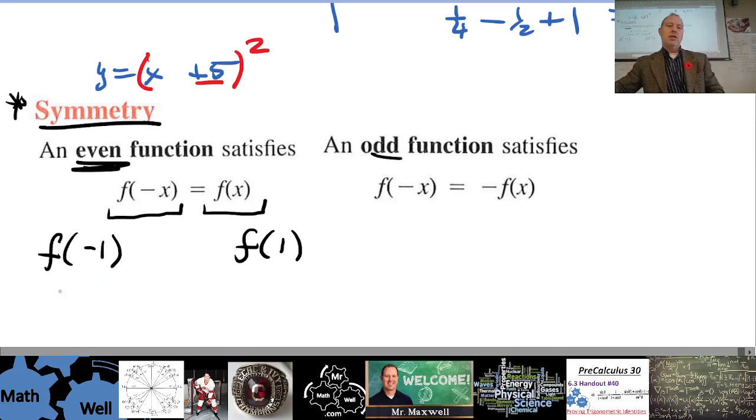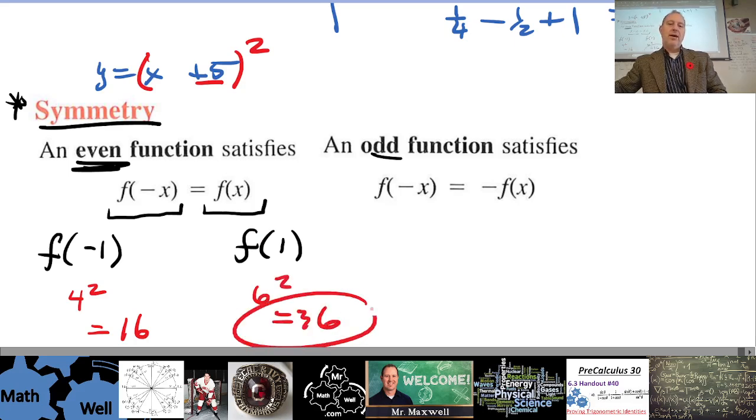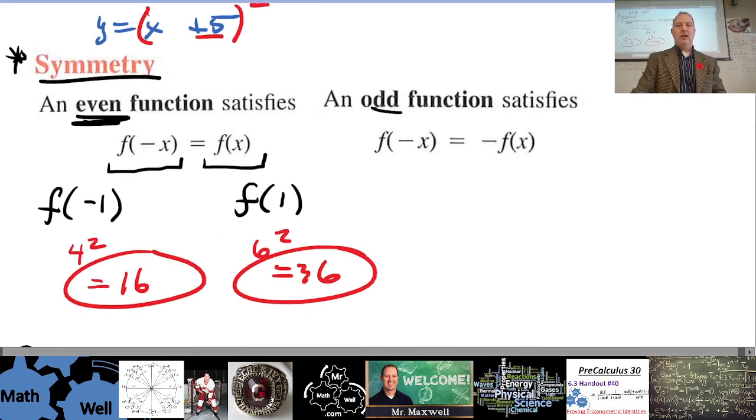So let's just see. f of -1 is going to be 4 squared, which is 16, because -1 plus 5 is 4. This one, 1 plus 5 is 6, so this is going to be 6 squared, which is 36. Obviously, we do not have symmetry. So this is not an even function with symmetry about the y-axis.